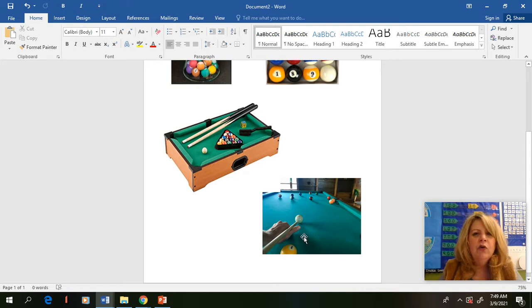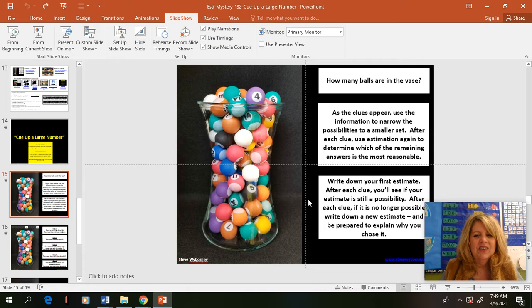Each time one of your cue balls goes in a pocket, you're that much closer to winning. All right, now that we've activated or built some schema about cue balls, let's start our estimating.